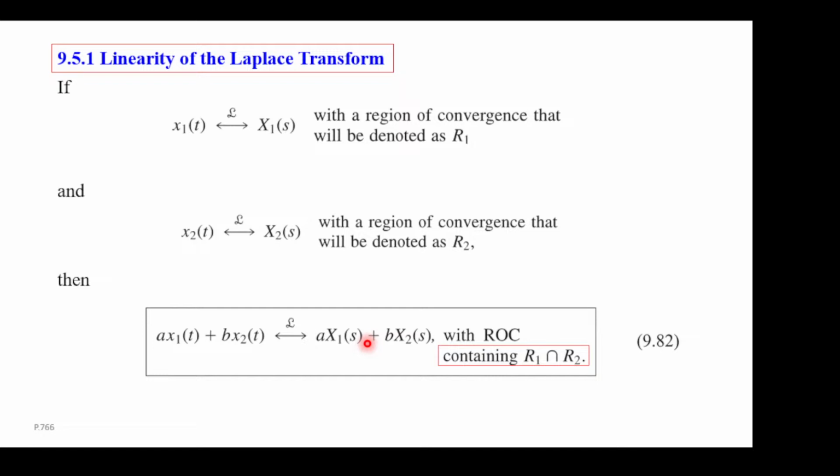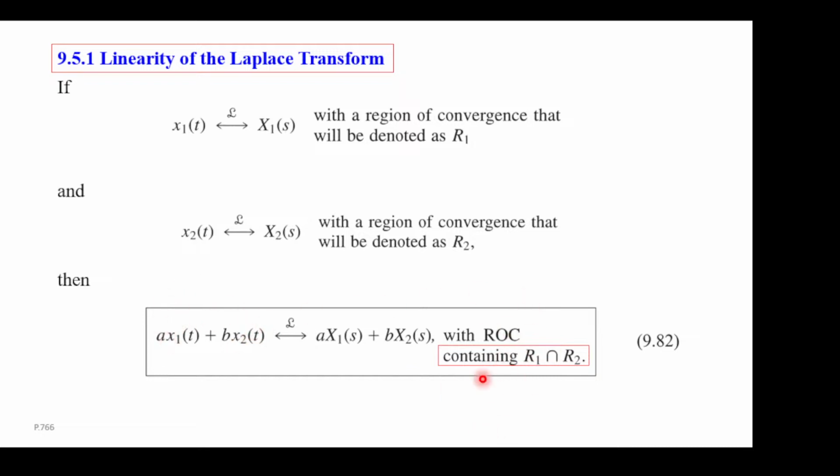And so we start with a very good example, the linearity. Just like the Fourier transform, the Laplace transform also has this linearity property, but now we have this weird condition that the ROC must be something containing an intersection of the two ROCs of your linear combination.